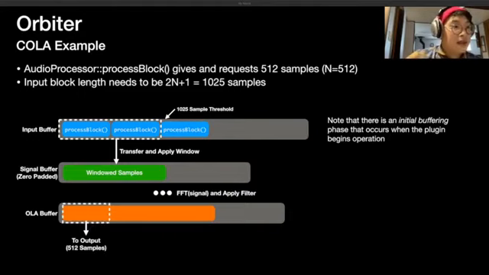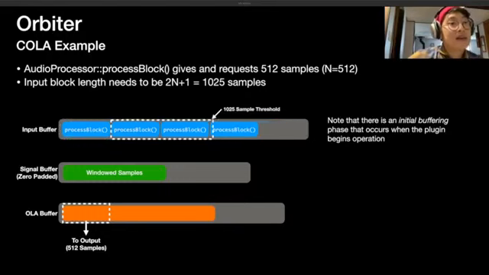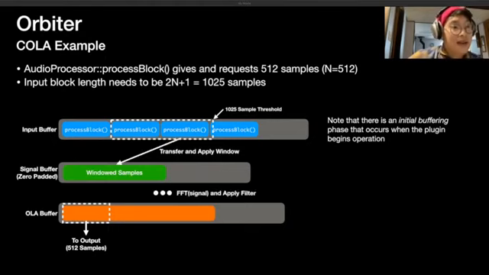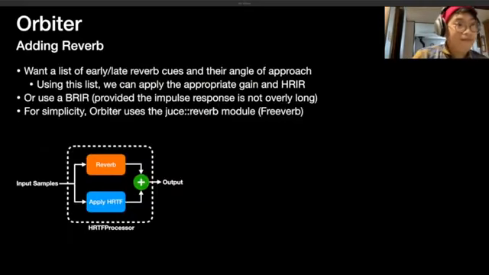Then the first 512 samples are sent out to an output buffer. At the next process block call, 512 samples are added, but we still have a sufficient amount of samples to carry out processing. And so those 1025 samples get transferred, they get processed, and we have an output. So everything's happy and it's chugging along.